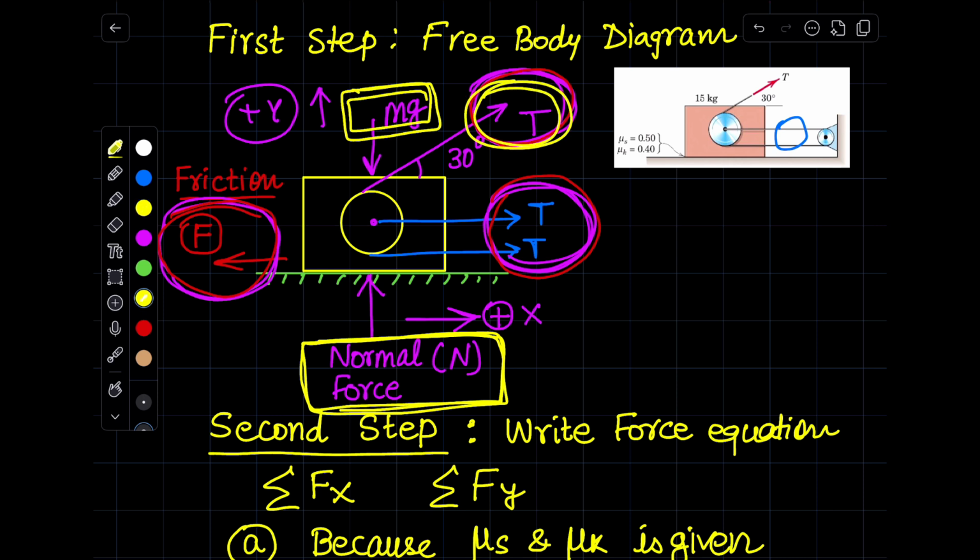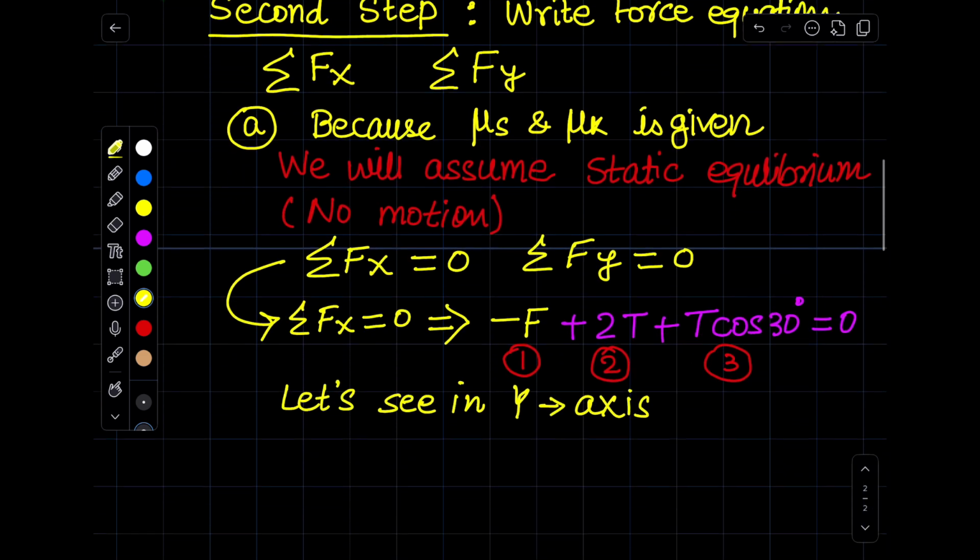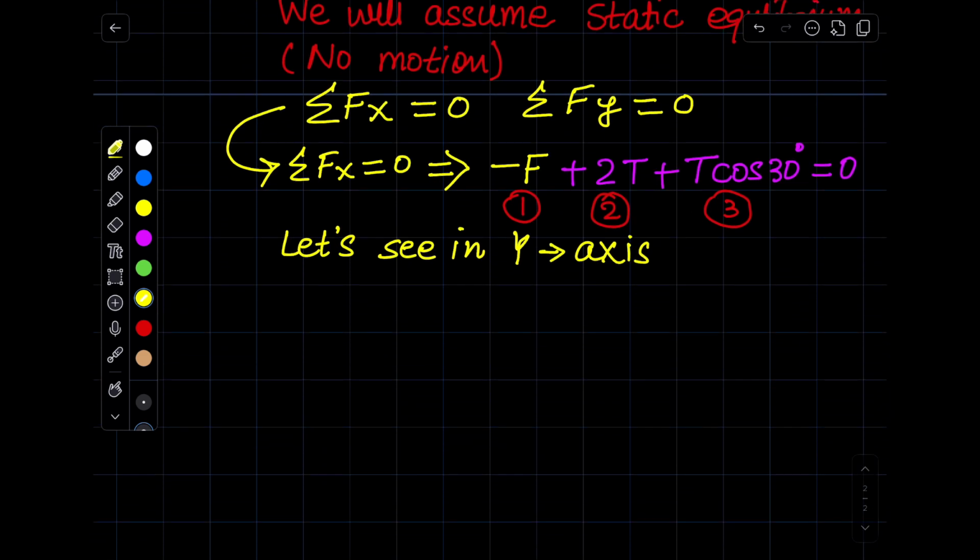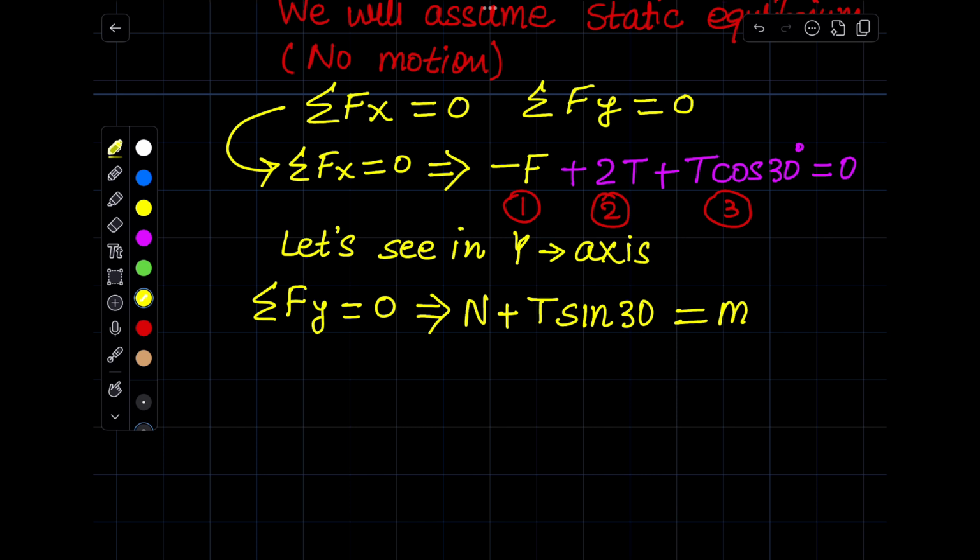And third will be the component of the tension T in the y direction. So let's write all three forces in the y direction. And as we have assumed that this is a static equilibrium condition, Fy is equal to 0. So I wrote here N plus T sin 30 is equal to mg. Mg is working in the downward direction, and the other two, N and T sin 30, are working in the positive y direction.